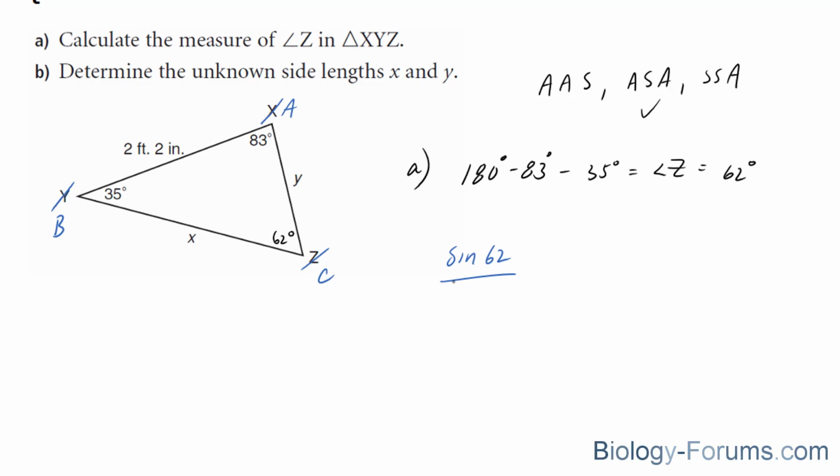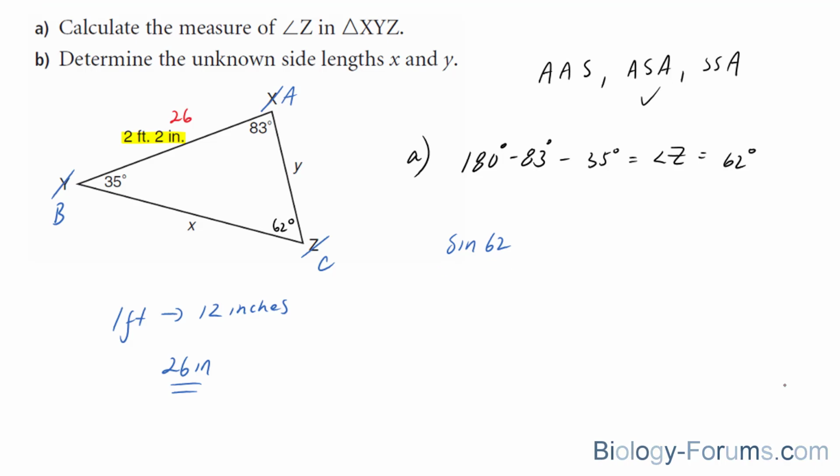Now, 2 feet and 2 inches, you will need to convert into strictly feet or strictly inches. For every 1 foot, you have 12 inches. So in this case, we have 2 feet, which is 2 times 12, plus 2, equal to 26 inches. Make sure you convert this into 26 inches.